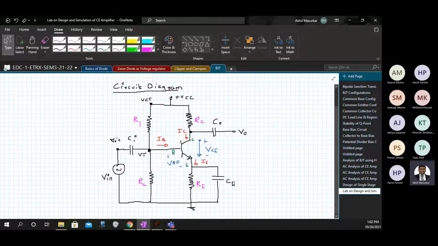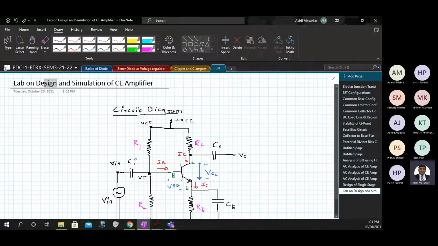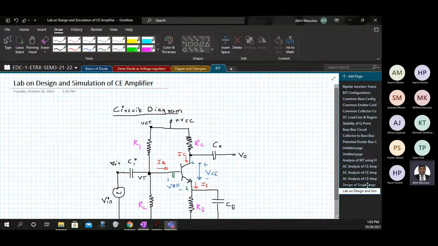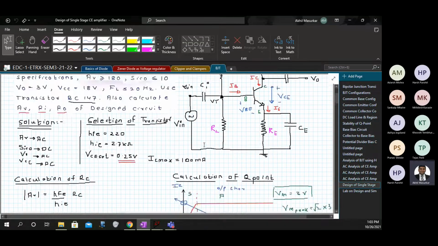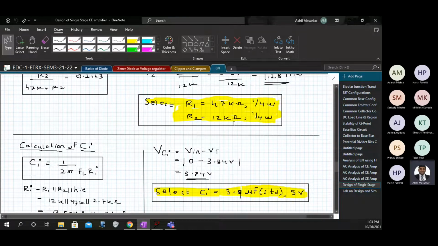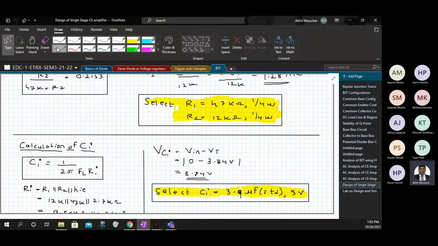Now obviously when we say design and simulation, the design part we have seen in the class. So we will pick up some values from there. If you see here, the values of R1 and R2 are 47K and 12K.